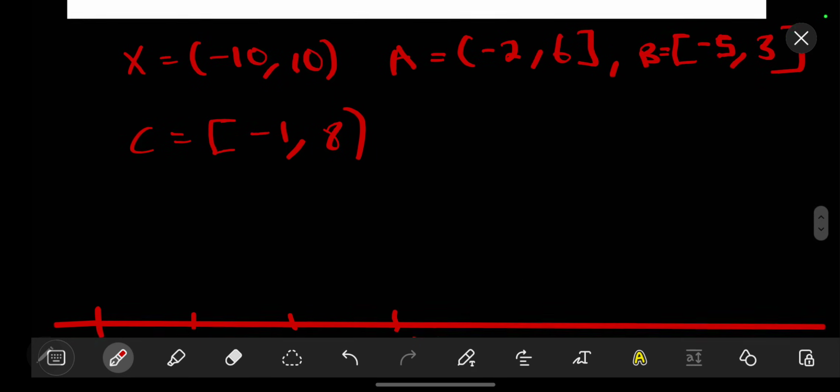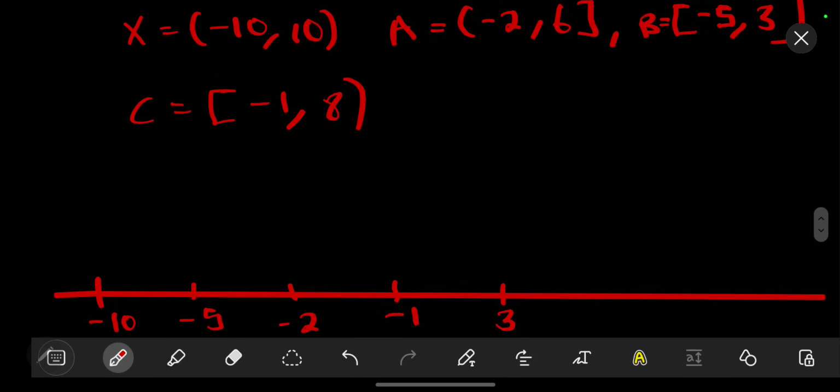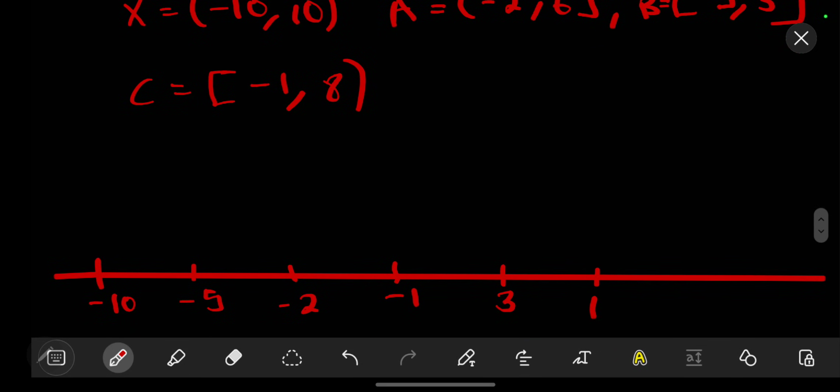Then we also have our 3. Then we have our 6. Then finally we have our 8. Then the last value is our 10 like that. So let us be able to graph this on one graph.